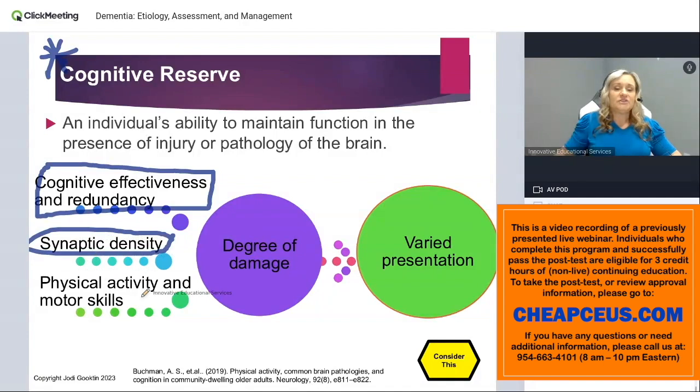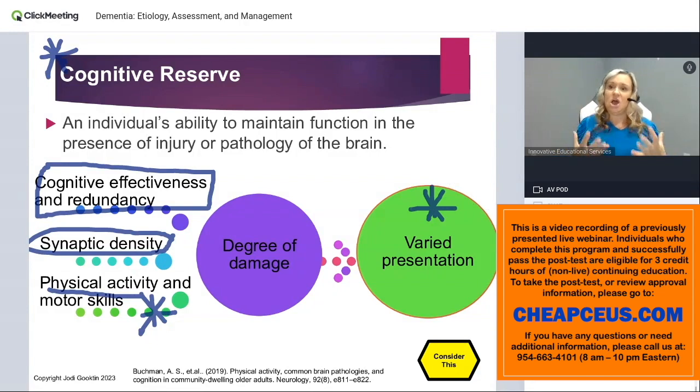And then the last factor is looking at the level of physical activity and motor skills that the individual has been involved in across their life, that physical activity component. The way this has been figured out is that these factors come together, and even with the same degree of damage, we're seeing varied presentation and preservation of the different areas of neurocognitive domains that we discussed.